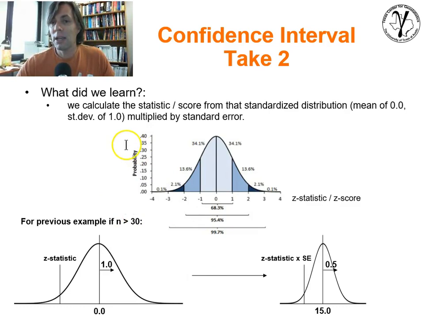So what's happening here? We calculate the score from a standardized distribution, mean of 0, standard deviation of 1. We multiply by the standard error to rescale it for our problem. So we had started with a Z statistic with a lower bound on a 0, 1 Gaussian distribution, Gaussian if we have enough samples. And what we've done is we've shifted it and rescaled it using the standard error, which tells us about exactly how wide it should be, how many standard deviations.